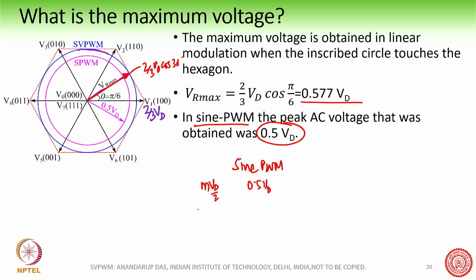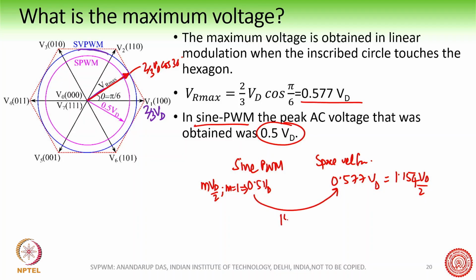Remember, m VD by 2, and we put m equal to 1, and this gives us 0.5 VD in sine PWM, whereas in space vector PWM we get 0.577 VD, which is basically 1.15 times VD by 2. So if you see here, there is 15% more.